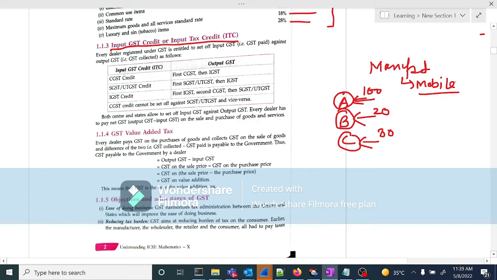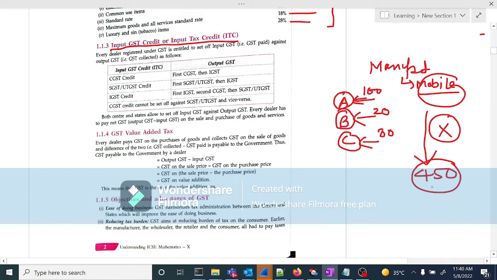Now he has manufactured the mobile. While selling this mobile, the customer is paying rupees 450 to him as GST. This mobile is being sold for X rupees, and in this X rupees the GST is 450. So actually the manufacturer has already paid GST of 100, 20, 80. In total, the manufacturer has paid 200 rupees as GST to the government.